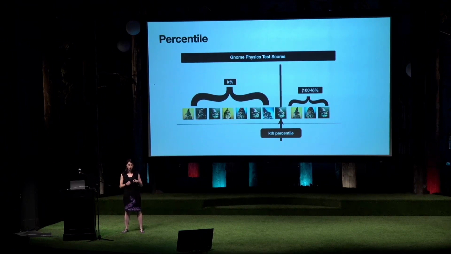It is the observation value, or the data point, that divides the data into two parts. The lower part represents the kth percent of the data that is below this value, and the upper part is 100 minus k percent of the data points. So in this case, this would be a physics test score for a norm. That would be the kth percentile.